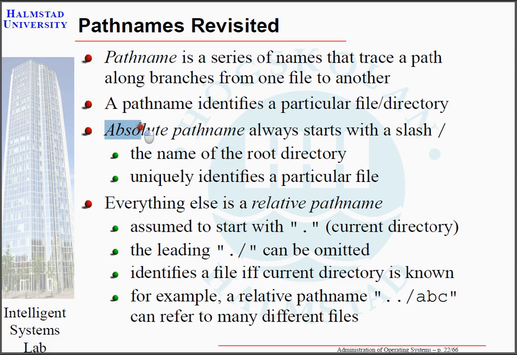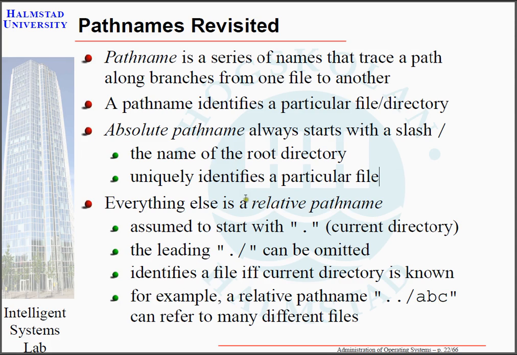The ones that start with the root directory, so start with /, are called absolute path names. They always uniquely identify a particular file. If you have a path name that starts with / and ends with some particular file, that file is always uniquely identified. There is no doubt about what file you have in mind.